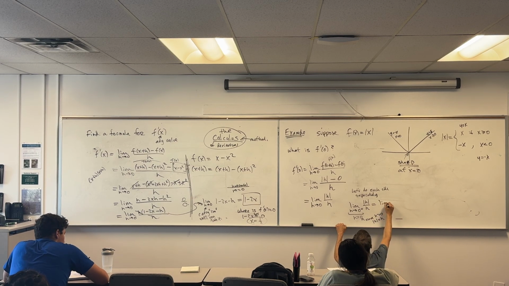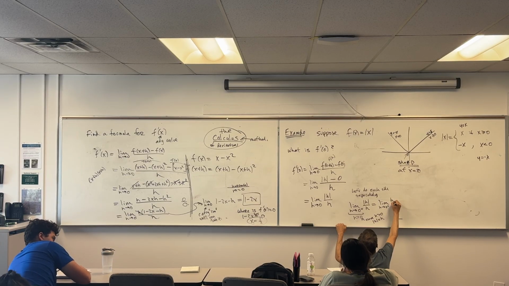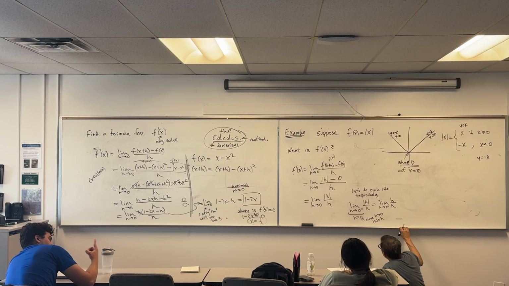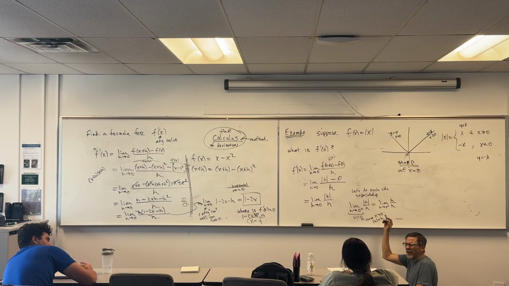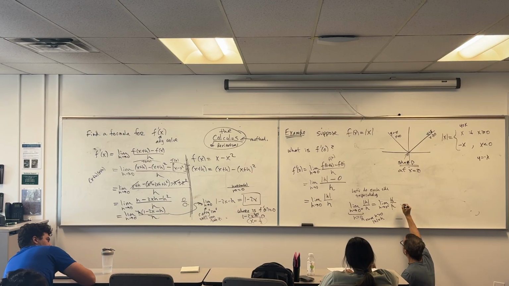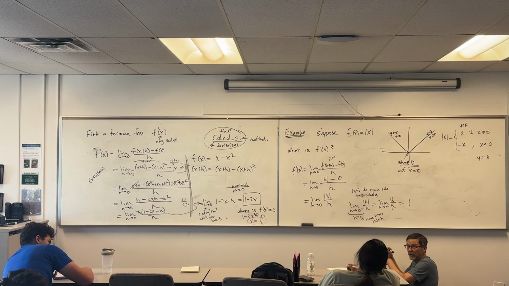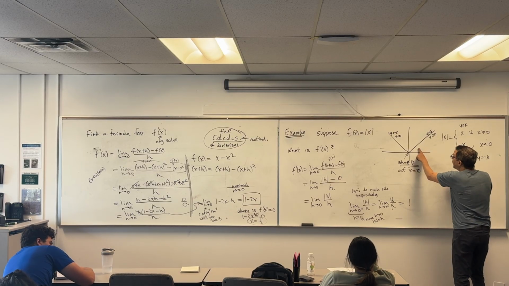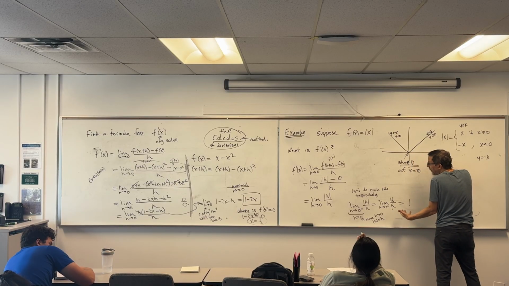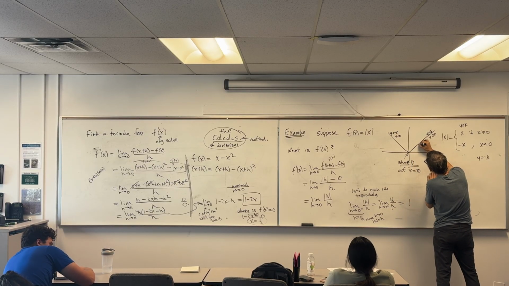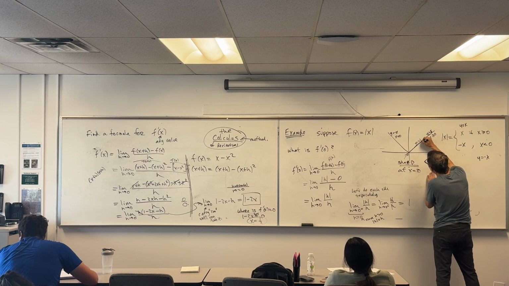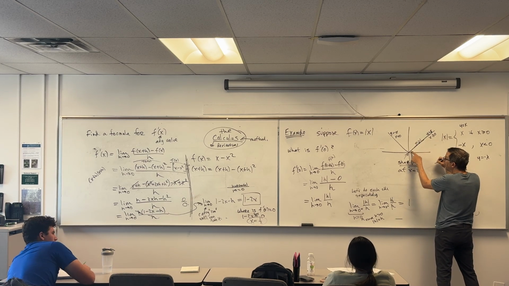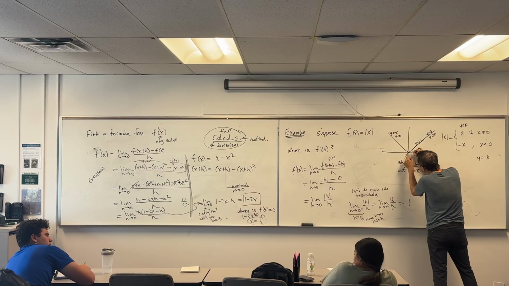So this is the limit as h goes to 0 of h over h. Now I try to plug in, I get 0 over 0, that's no good. What could I simplify to? 1. And when I say it's 1, there are no h's, we're all done. Make sure you see that. And remember, this is the tangent slope that we're finding. This thing is its own tangent slope. Over here, the slope is always 1, no matter where you're at. No matter how close you get to 0, the slope is 1.